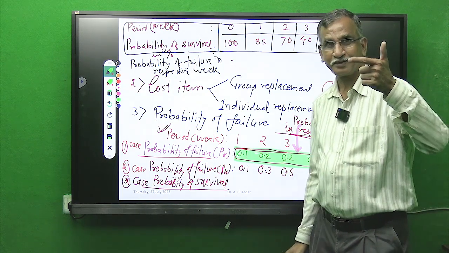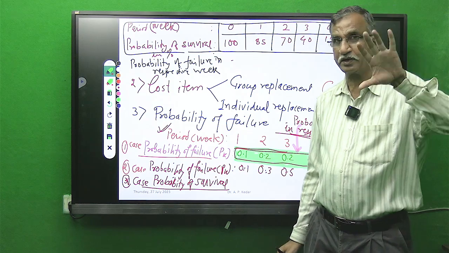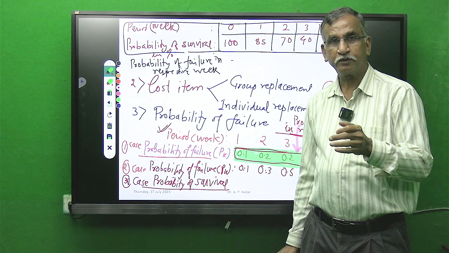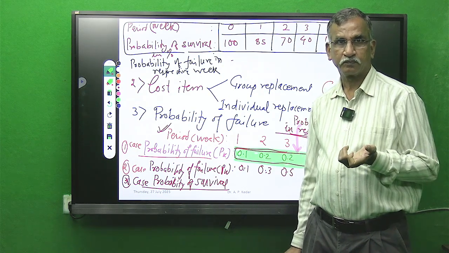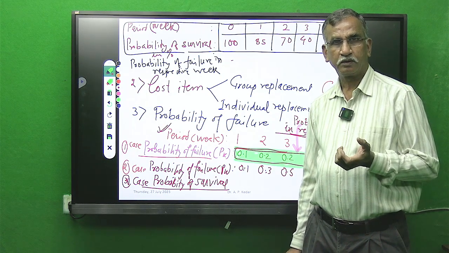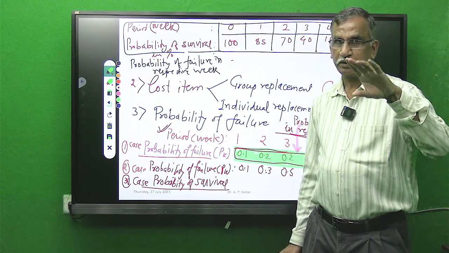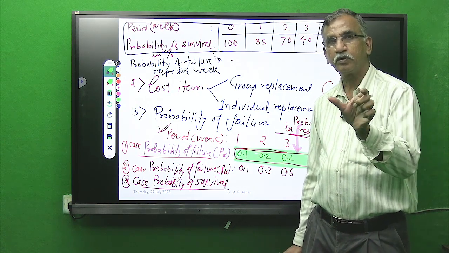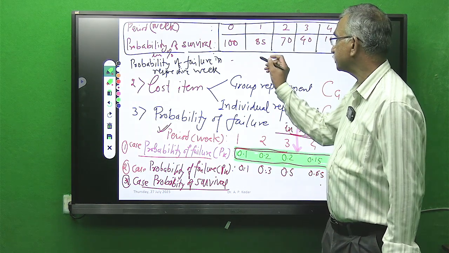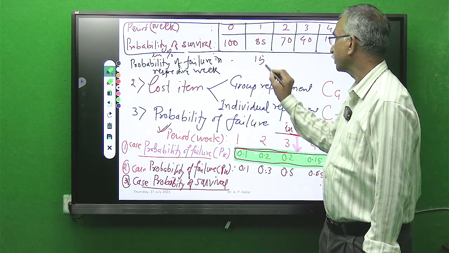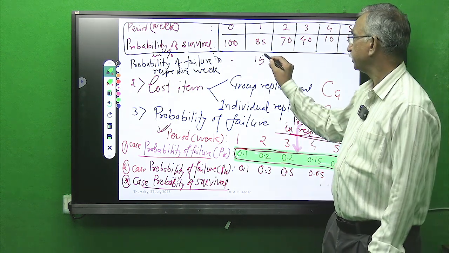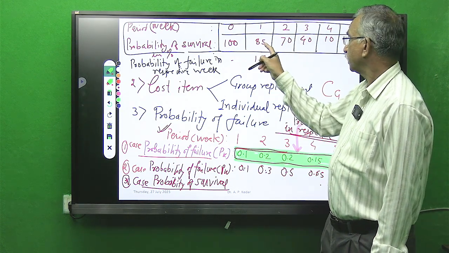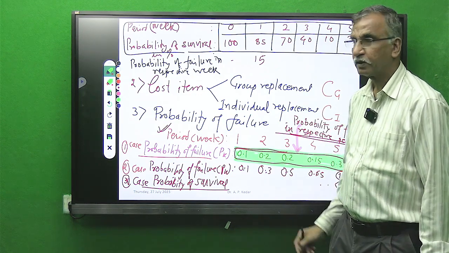Initially survival was 100, now after 1 week survival is 85. What is the failure? Simple. 100 initial survival, 85 present survival. How many failures? 100 minus 85, 15. Got it? 15. This minus this, 85 minus 70, 15.